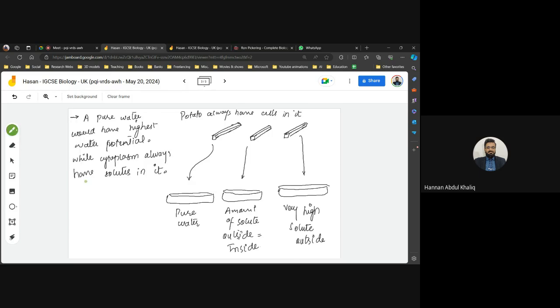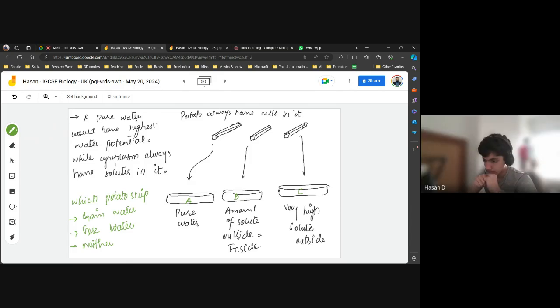What do you think would happen? This is A, B, C. Which potato strip would gain water, lose water, or neither gain nor lose?